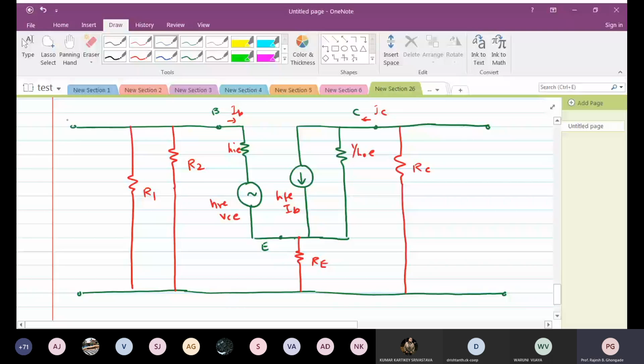Then you have your usual connections for the input, RS, VS, and the load. Here again you have output voltage, here you have input voltage.